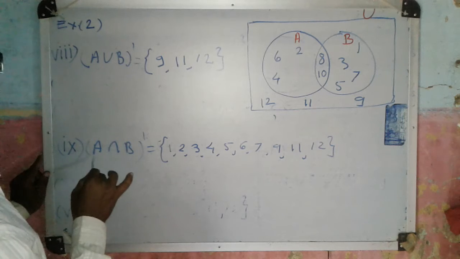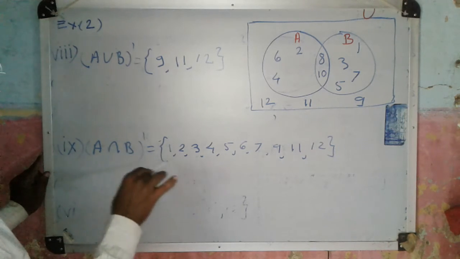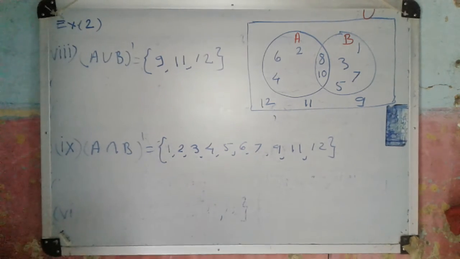So this set is the complement of A intersection B. In this way, you can write the sets.